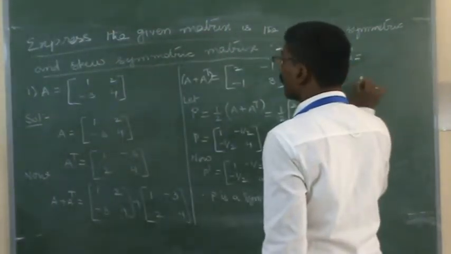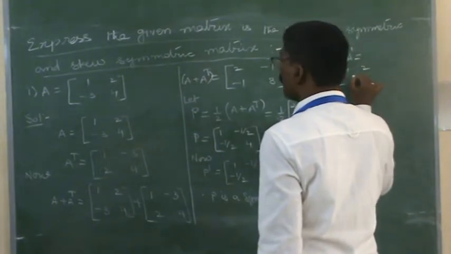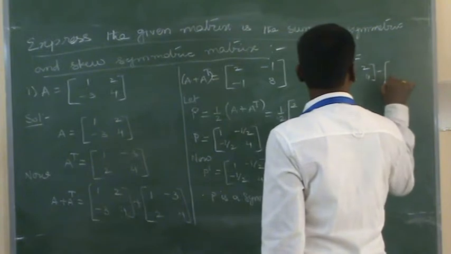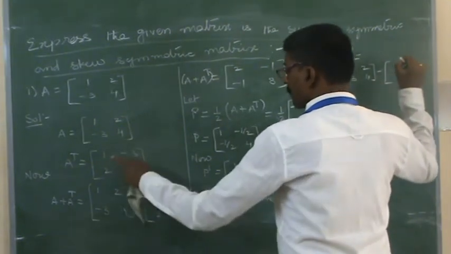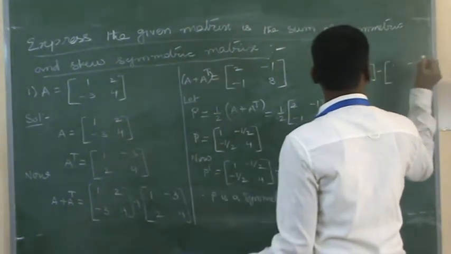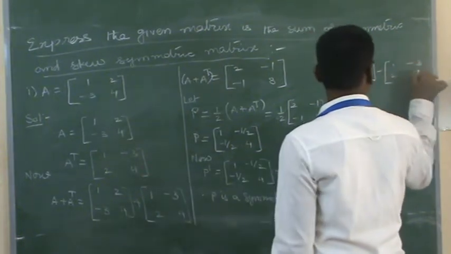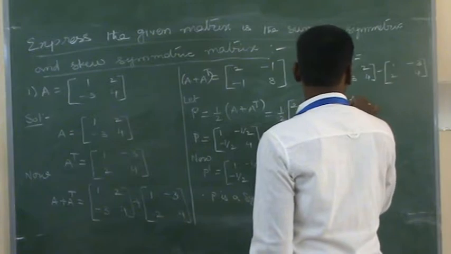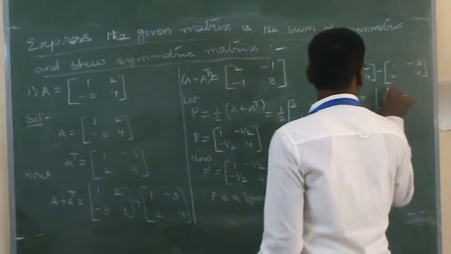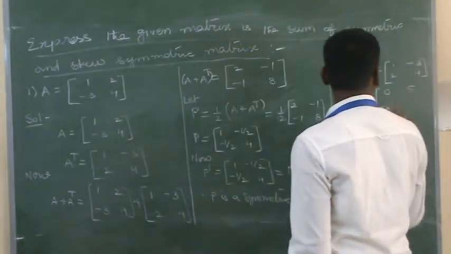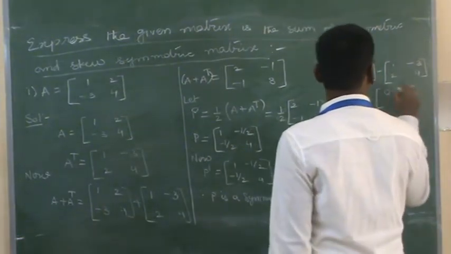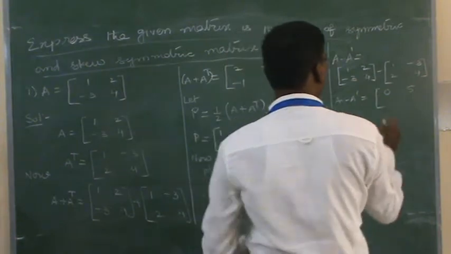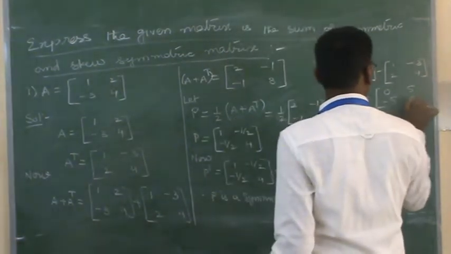Matrix A is 1, 2, minus 3, 4, minus A transpose, 1, minus 3, 2, 4. By doing the subtraction, A minus A transpose can be written as 0, 5, minus 5, 0.